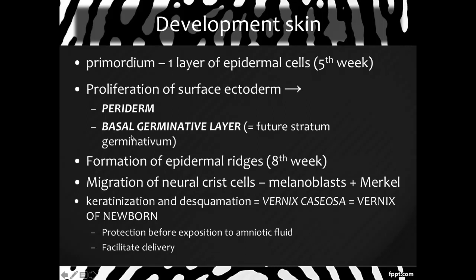These layers have to protect the surface of the embryo and then fetus against the aggressive environment of amniotic fluid, which could macerate the body surface of the fetus. So that's the reason why the skin develops so soon.